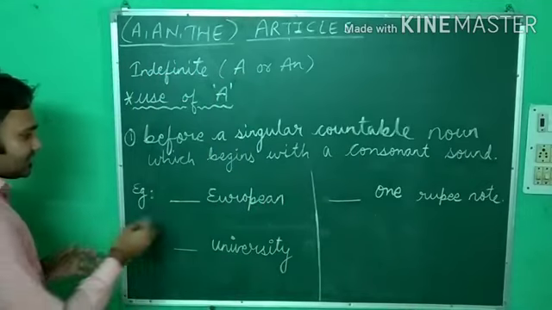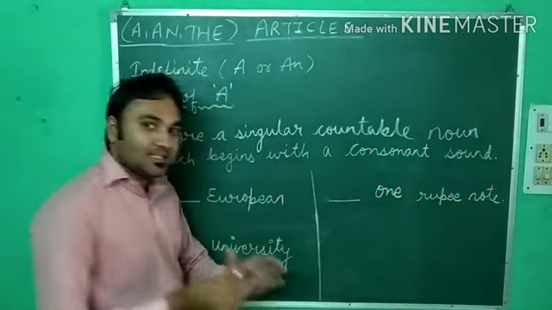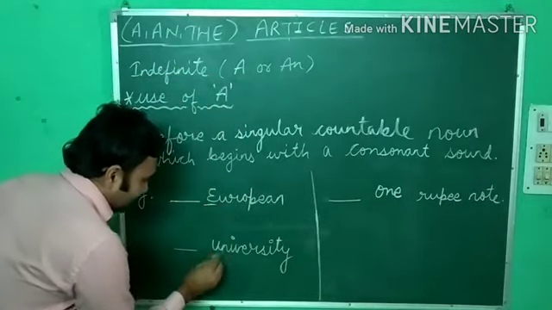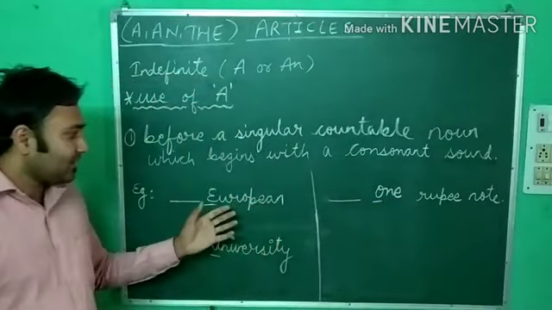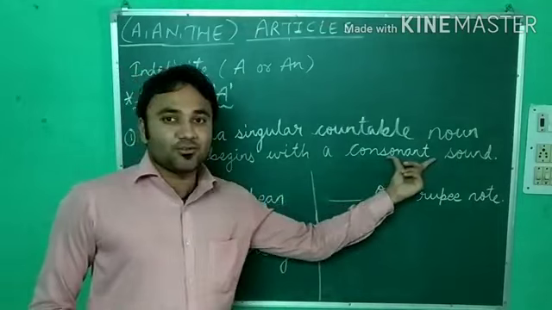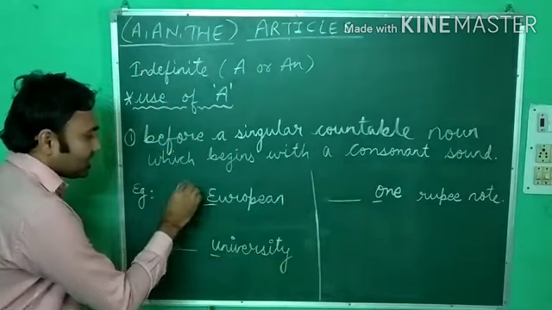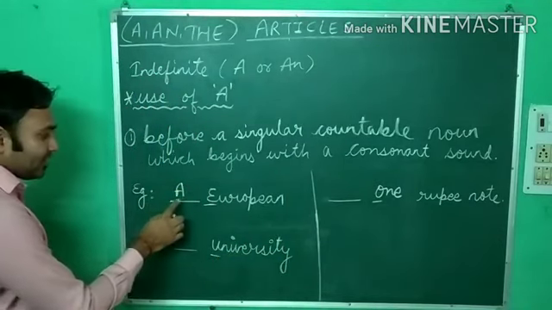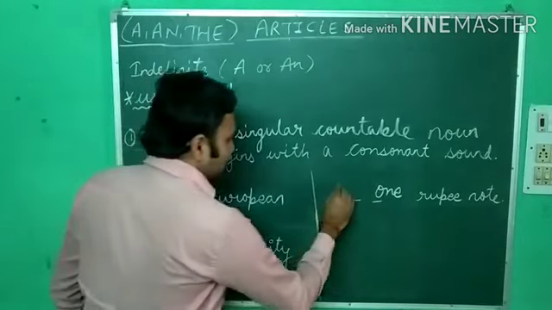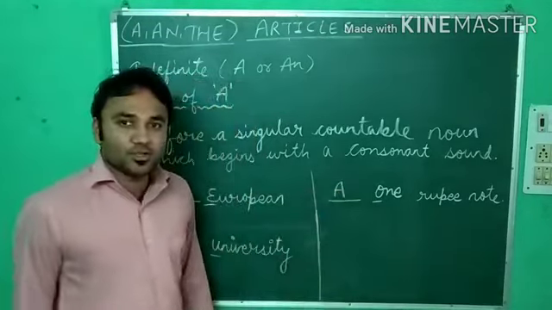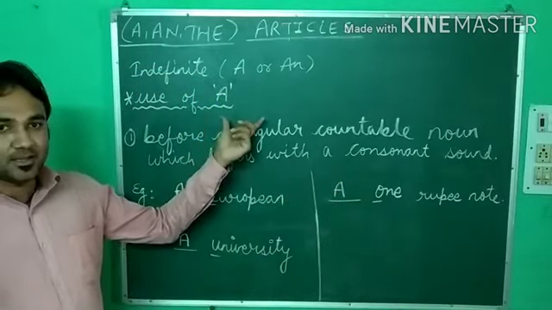Students, these words European, university, 1 rupee note are starting with vowel letters, that is E, U and O, but when we read them, we are getting a consonant sound. Hence we will write article a before these nouns. So we will have a European, a university and a 1 rupee note. Hope you got the use of article a in the sentences.